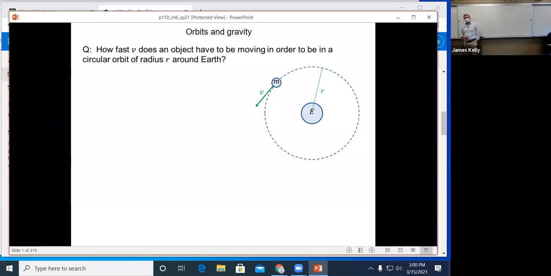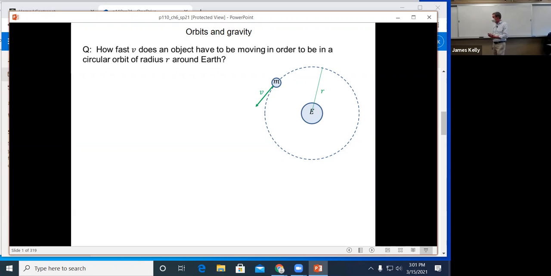And I guess just to summarize what we did on Friday, we talked about the historical perspective of the view of what's in the universe, our place in the universe, what's at the center of the universe, if there is a center. And then we talked about Newton's law of gravitation and some interesting problems.